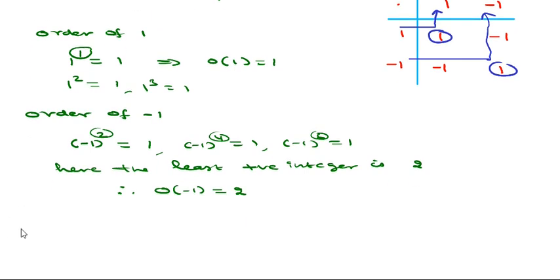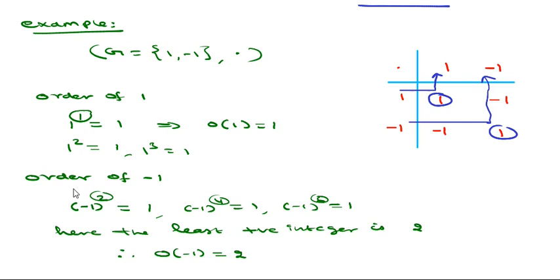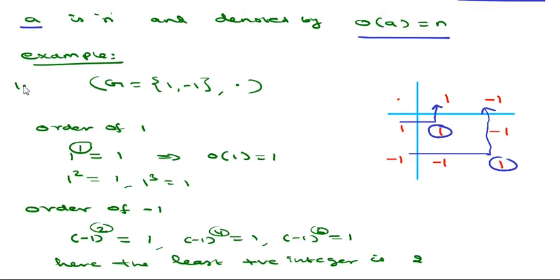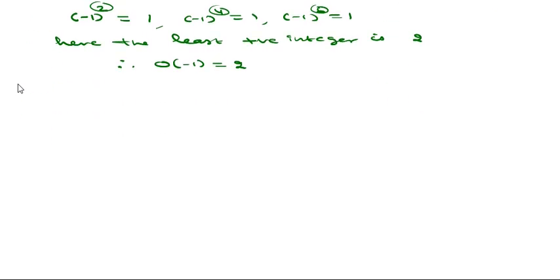So we will see one more example, which we have seen in the previous video. If we consider G as {1, minus 1, i, minus i} under the operation multiplication, we will find the order of each of the elements.